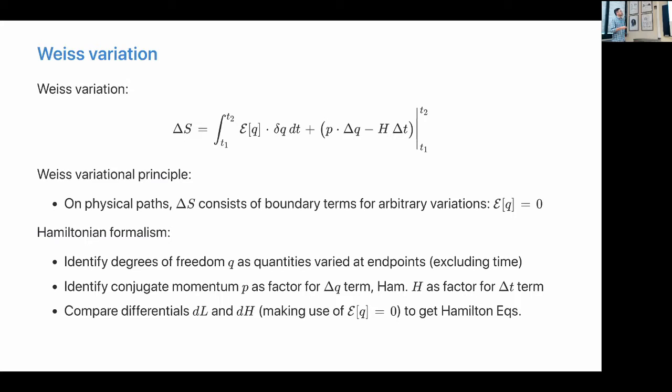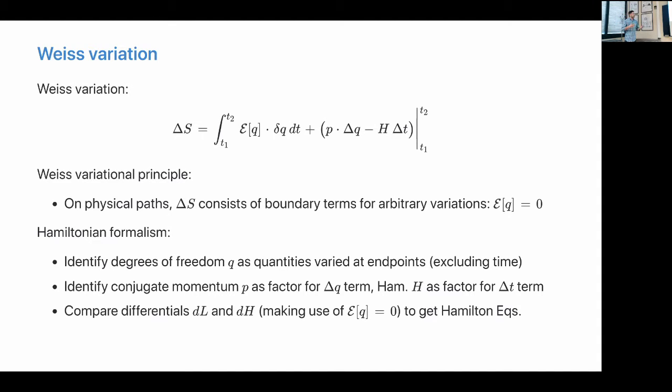P dot delta Q, the total change in the endpoint value of your dynamical degree of freedom, minus the Hamiltonian times the change in the time parameter at each endpoint. So, of course, with the Weiss variation, you can even formulate an alternate form of the variational principle.